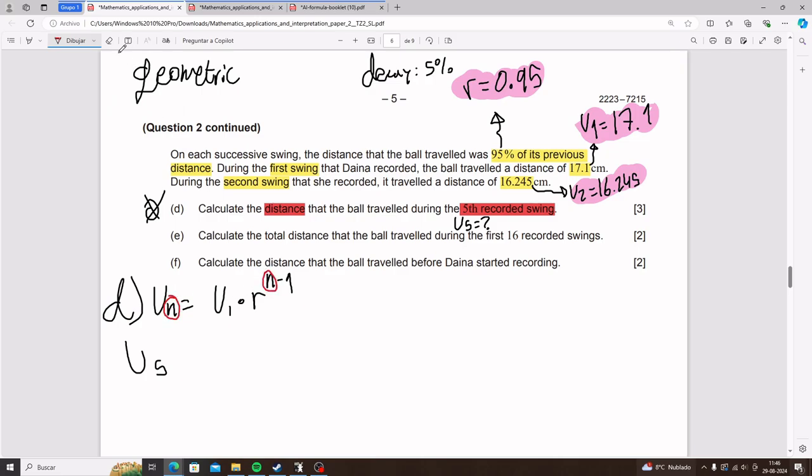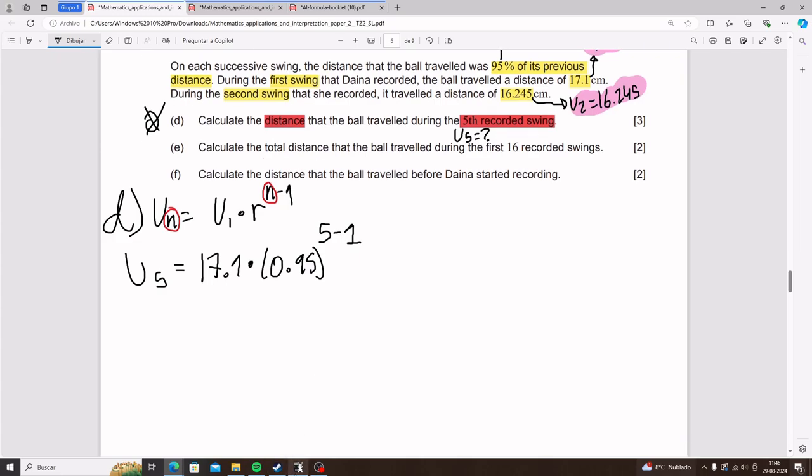So U5 equals U1, which is 17.1, times R, which we know is 0.95, to the power of n minus 1. We established that n equals 5. If we plug in 5 there in red, we have to plug it in on the exponent as well. So you define n, follow through and plug it in for everything.